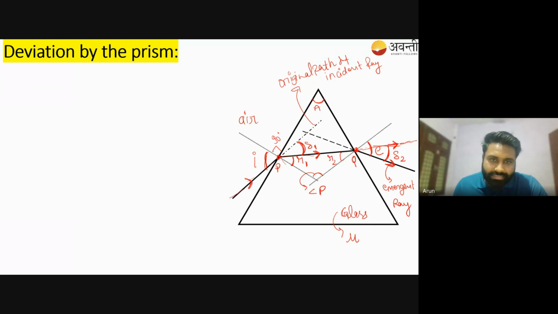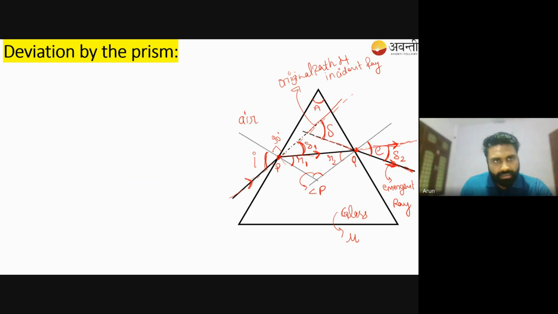This ray is going in this direction, and after the second refraction the ray is emerging out in this direction. So this is the total value of deviation.